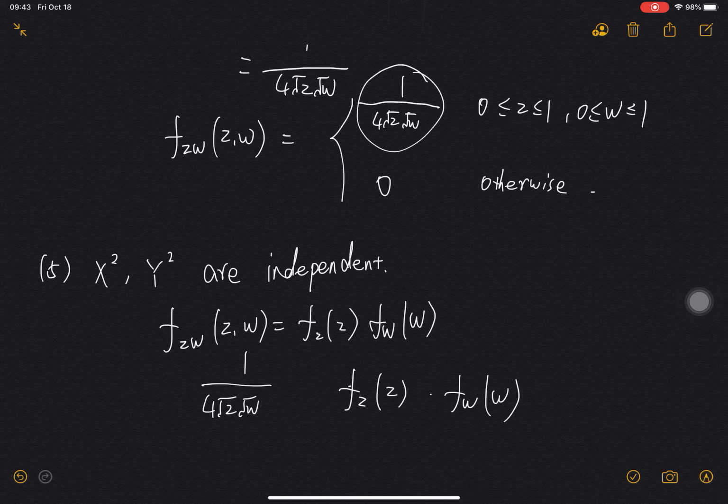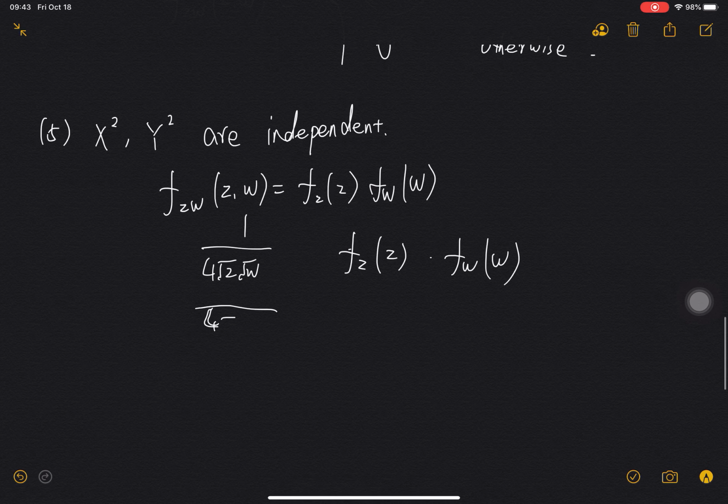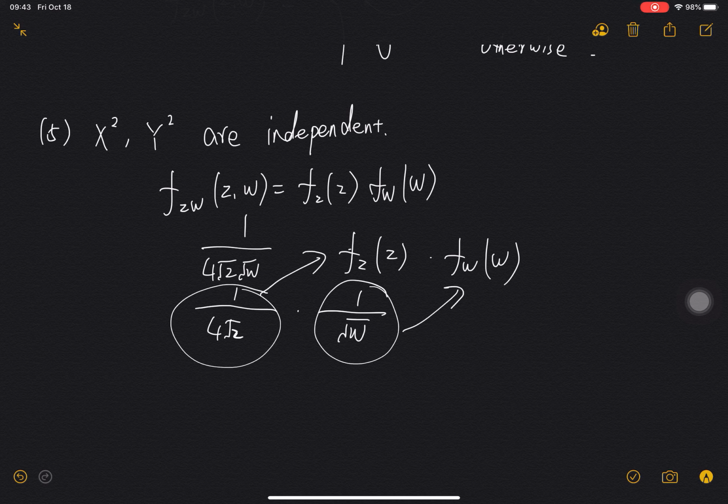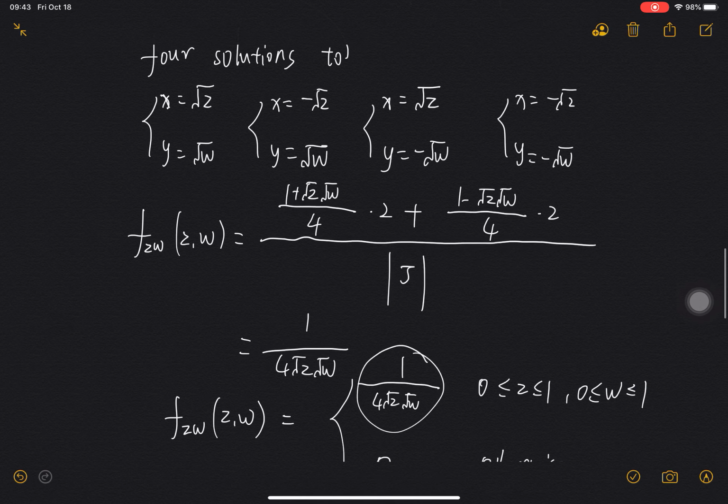For example, it can be written like this, 4 times v. So this is the density function of w, and this is the density function of z. So obviously they're independent. Alright, that's all about problem 1.